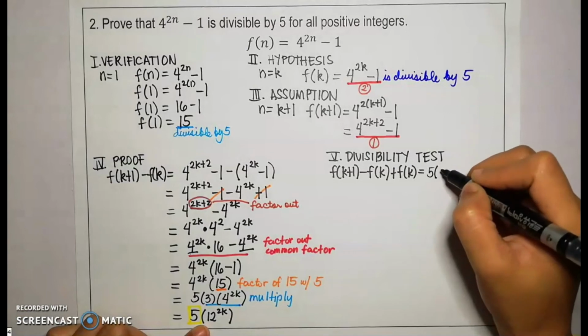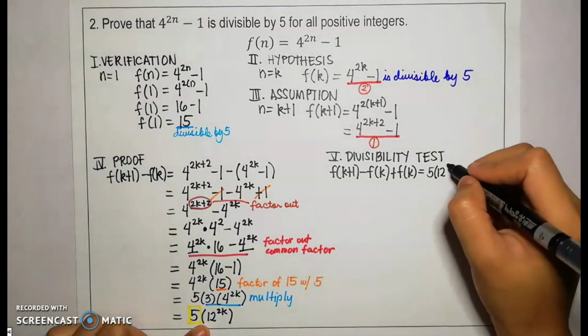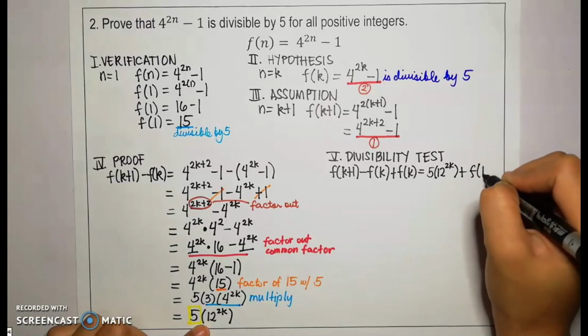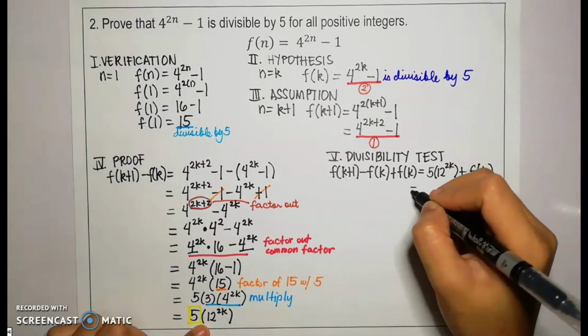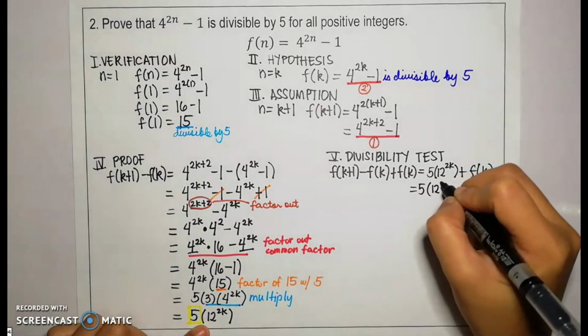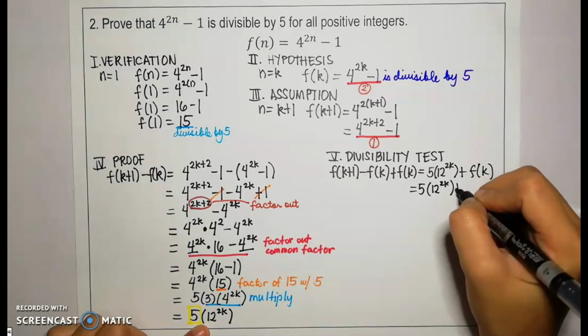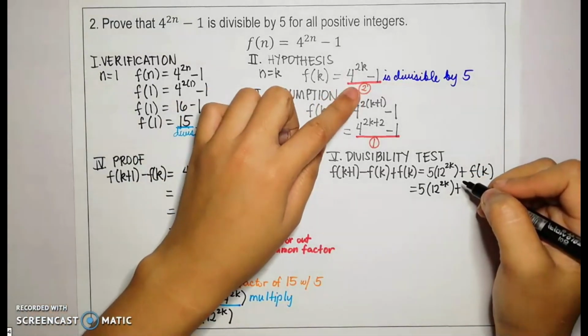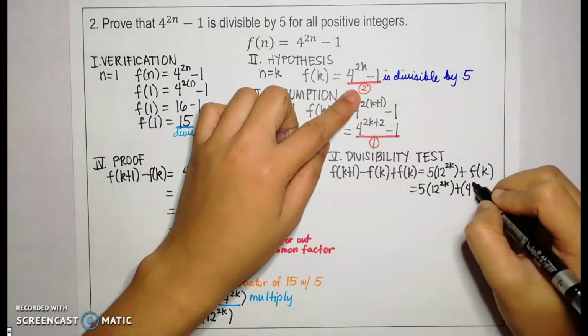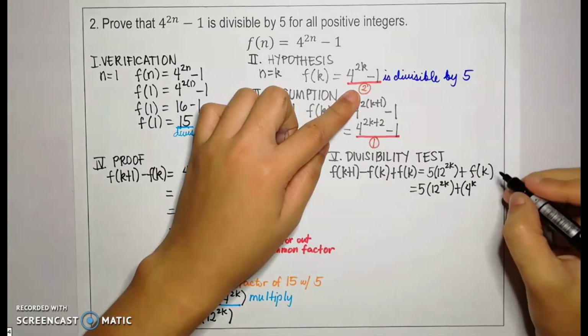So our answer is 5 times 12 raised to 2k plus f of k. So let's substitute f of k. So we have 5 times 12 raised to 2k plus 4 raised to 2k.